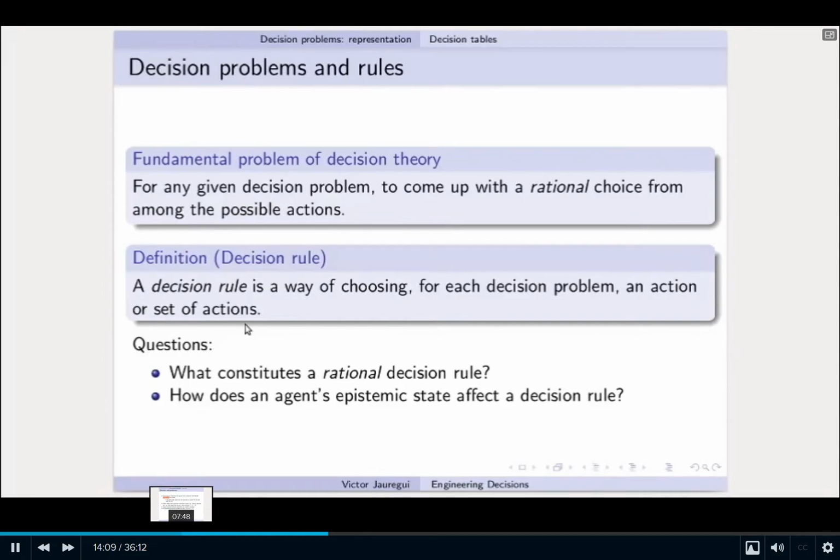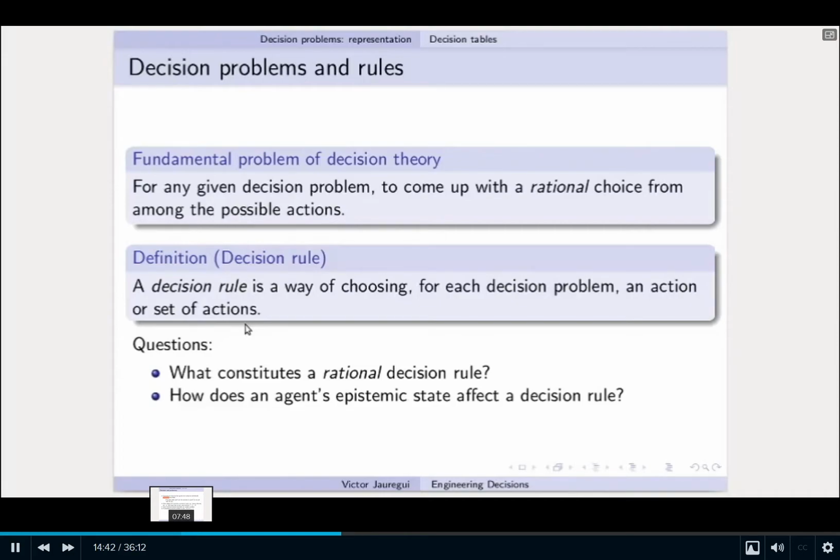This is the fundamental problem. We're not going to go into details today, but I want to give you a feel for what's coming up. We want to make a rational choice amongst the possible actions, given the structure of the problem and our own subjective preferences over outcomes and beliefs about possible states and their likelihoods.